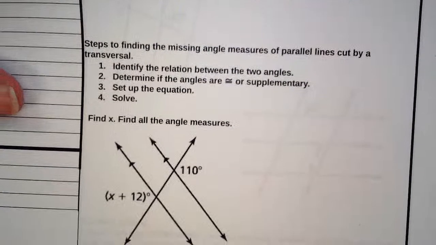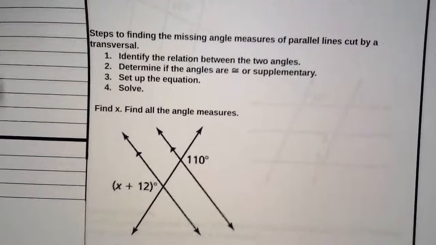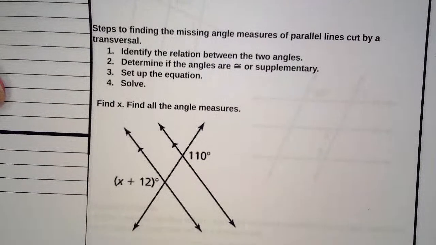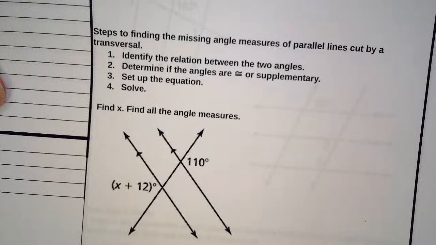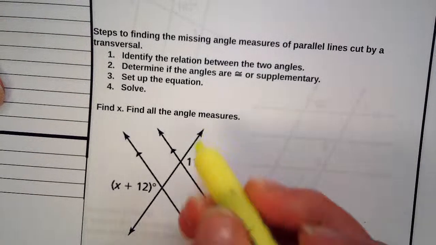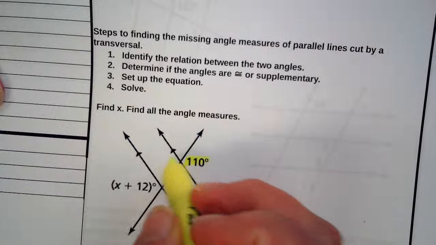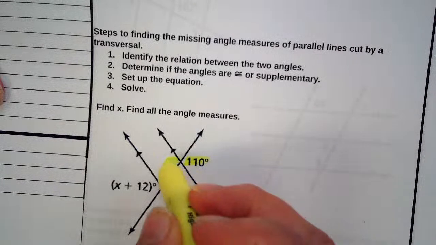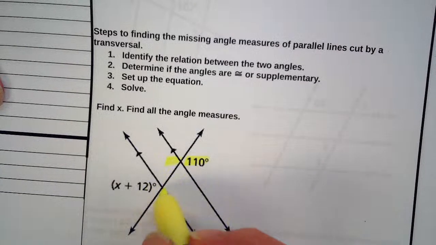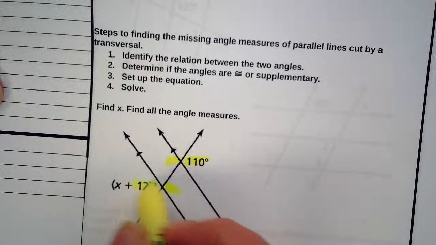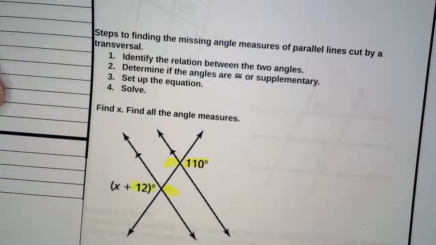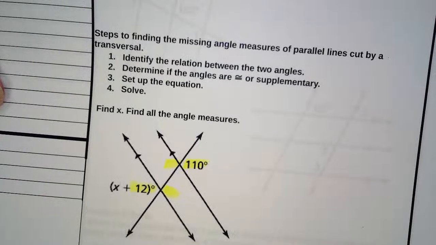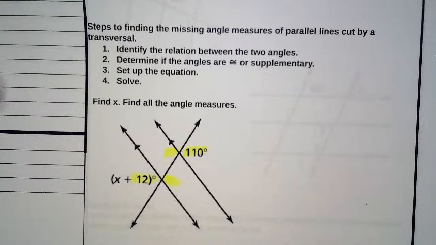So if I'm going to find all the missing angles here, I'm going to look and see which ones have to be congruent. So if I'm here, these are my vertical angles. They're going to be congruent. This is my corresponding. This is my vertical. It's congruent. So I see really quickly that they are congruent. That means their measurements are equal.